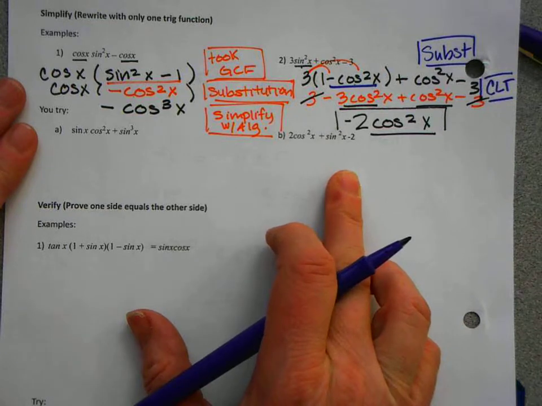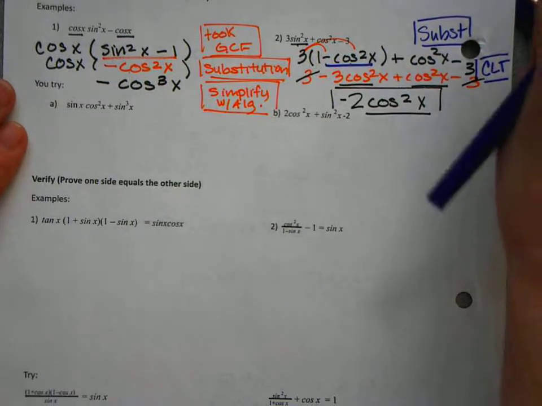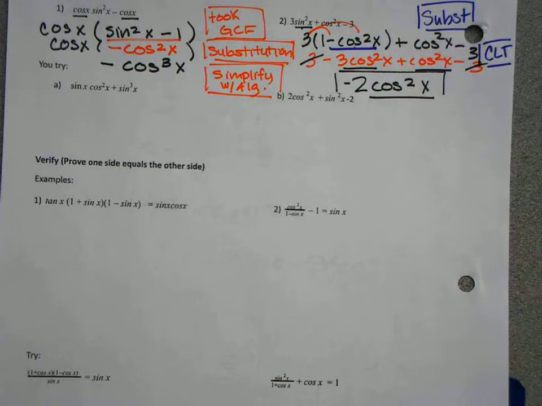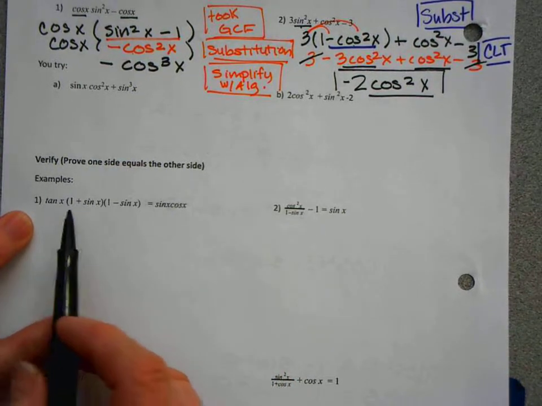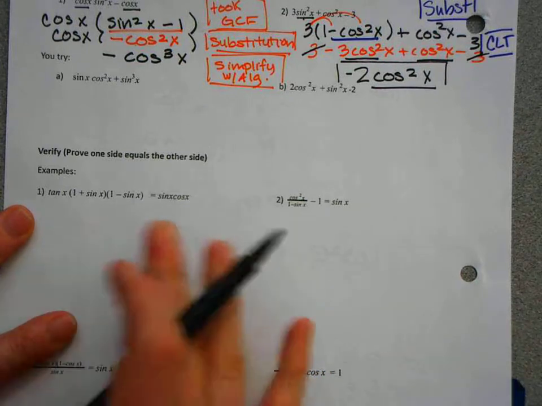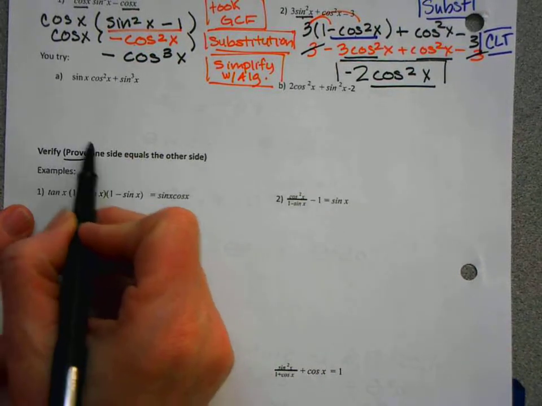Okay? All right. So now what we're going to do is verify, to prove that the sides are equal. When you're given a verification problem, they are equal. What you have to do is prove it.